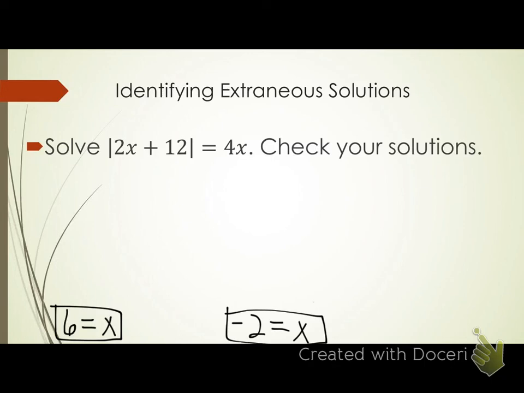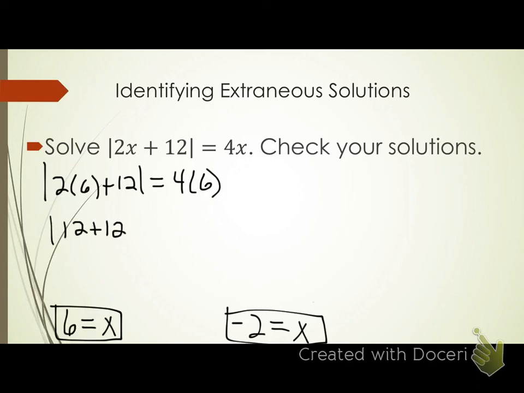Okay, let's plug in 6 first. I've got to do what's in the absolute value bars first before I can take the absolute value. What's 2 times 6? 12. And 4 times 6 on the right. 24. 12 plus 12, 24.